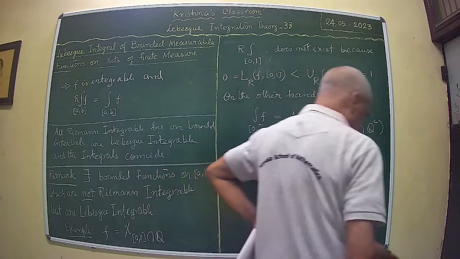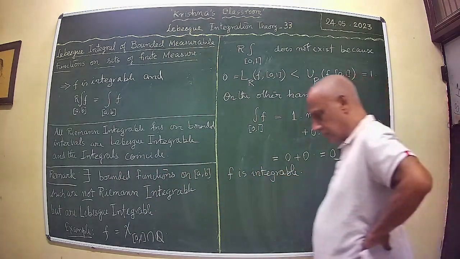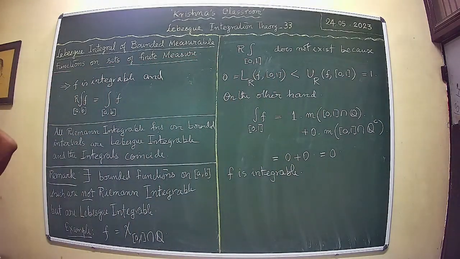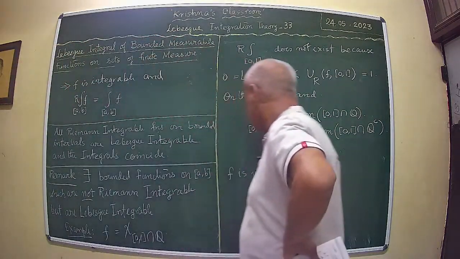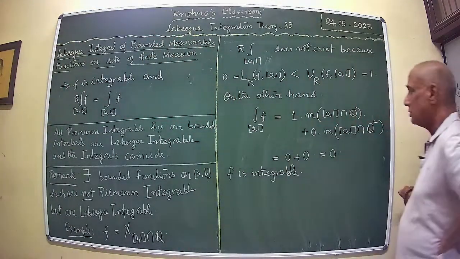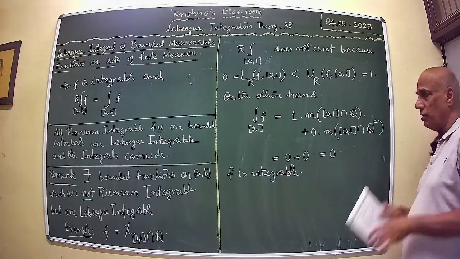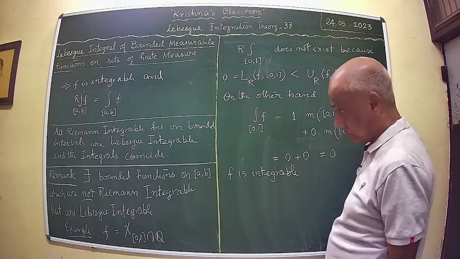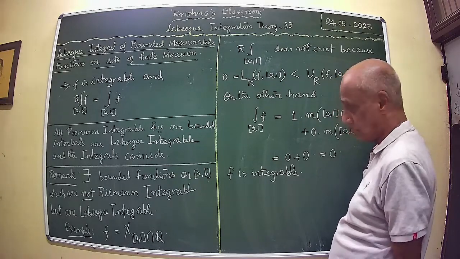You see that f is a bounded function taking only two values, namely 0 and 1. Therefore, this is what you have. So this is an example of a function which is bounded on a compact interval 0, 1, which is not Riemann integrable as we have seen earlier. This is the Dirichlet function.